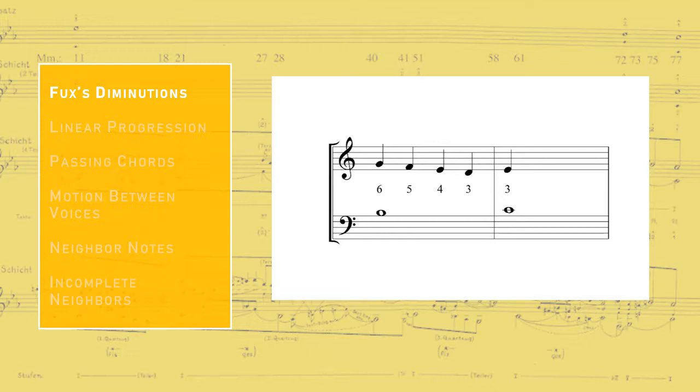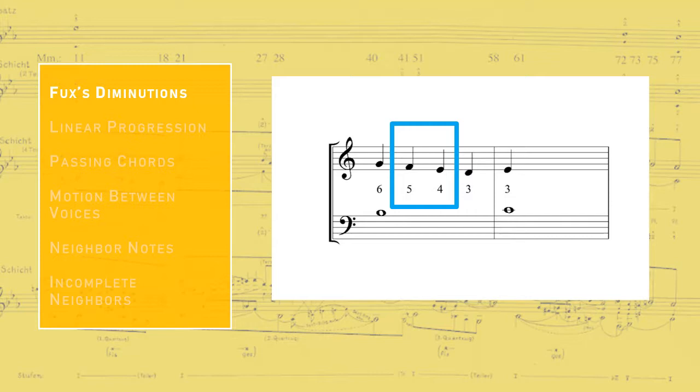Diminutions can also happen between intervals larger than a third. This is a tricky example of third species counterpoint. Notice that because the fifth formed on beat 2 is actually a dissonant diminished fifth, we have consecutive dissonances on beats 2 and 3, which normally would not be allowed according to Fuchs.